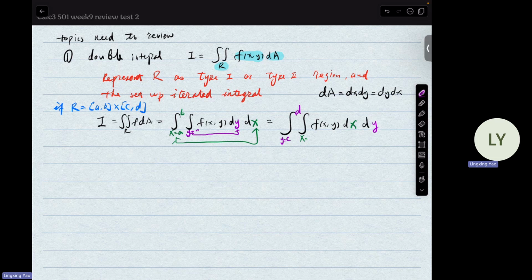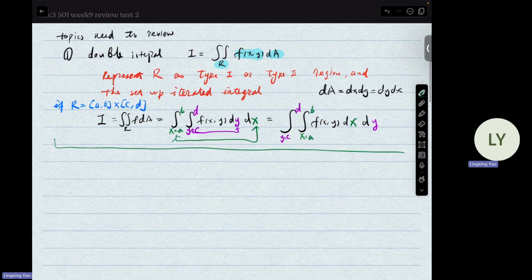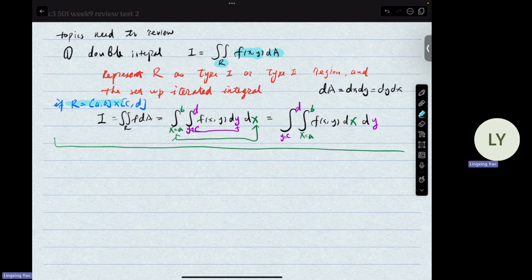So the lower bound for y will be c and the upper bound will be d. And the lower bound for x will be a and the upper bound will be b. Okay, so this is the simplest case, where the domain of integration is just a rectangle, like given here. All right, what if things are a little bit different?